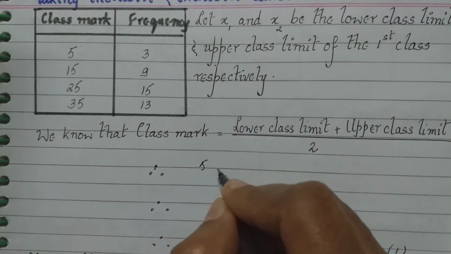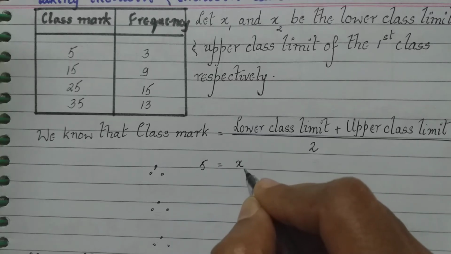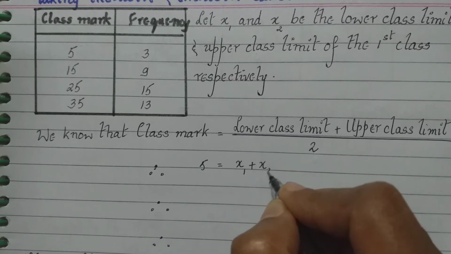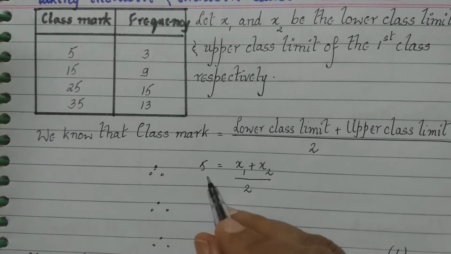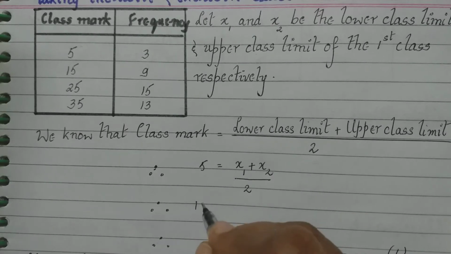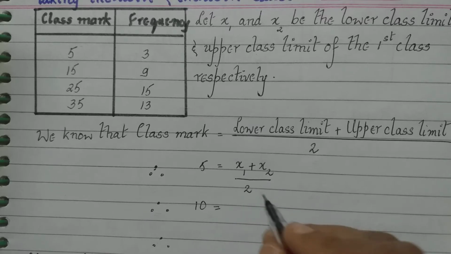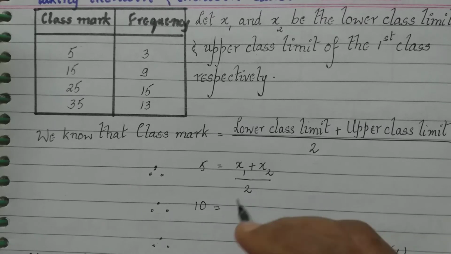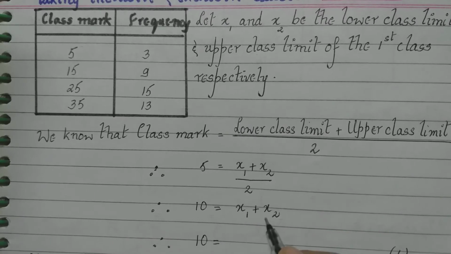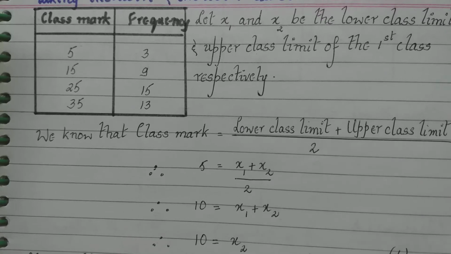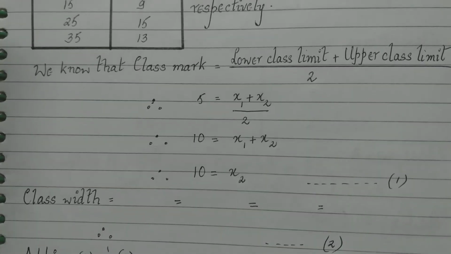Therefore, 5 is equal to x1 plus x2 upon 2. In the next step, we can take 2 to the other side. So, 5 into 2, which is 10, is equal to x1 plus x2, and I'll write it here as 10 is equal to x2 plus x1.